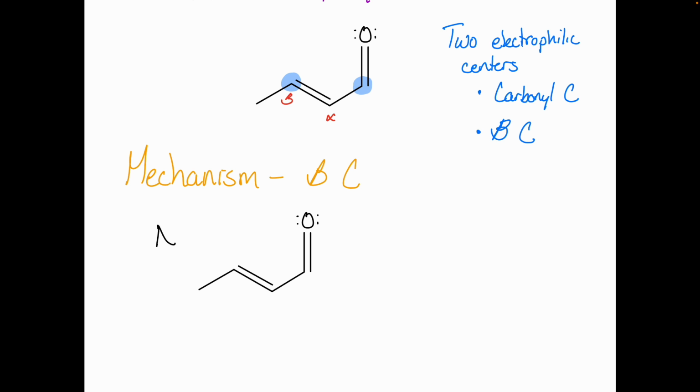Here's our nucleophile. We're just going to use a generic nucleophile for right now. Again, that beta carbon is an electrophilic site, so this arrow is going to come down here and attack that carbon.